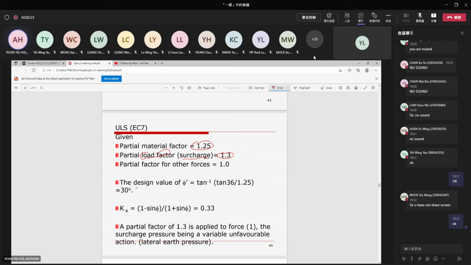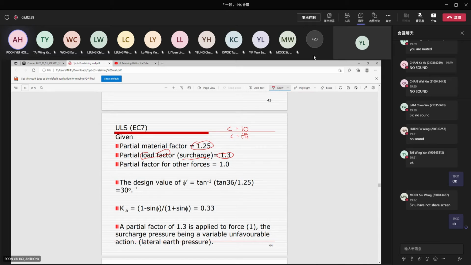For example, if you have a cohesion equal to 10, so if you apply a partial safety factor to it, then the cohesion will become 10 divided by 1.25. So it's very straightforward.